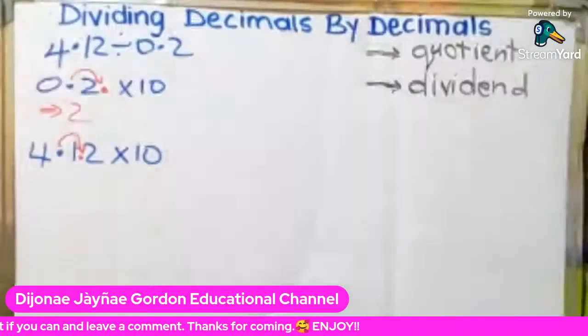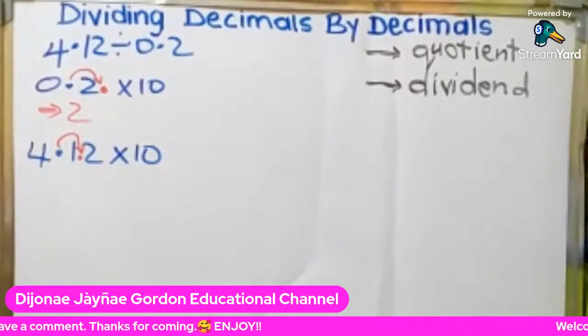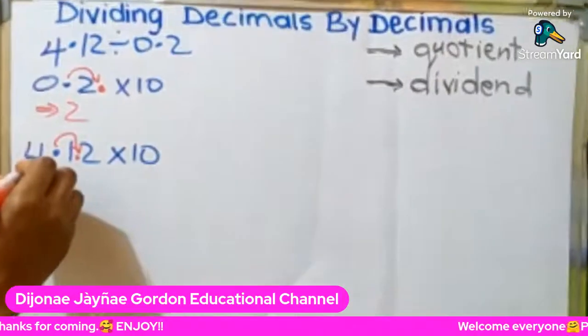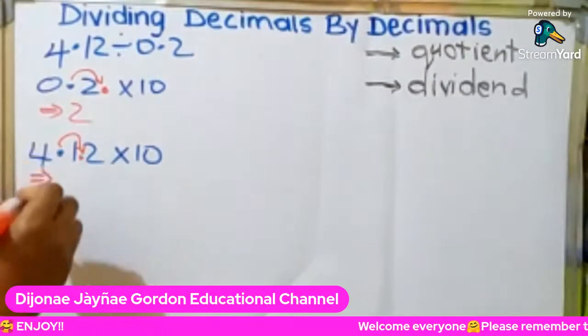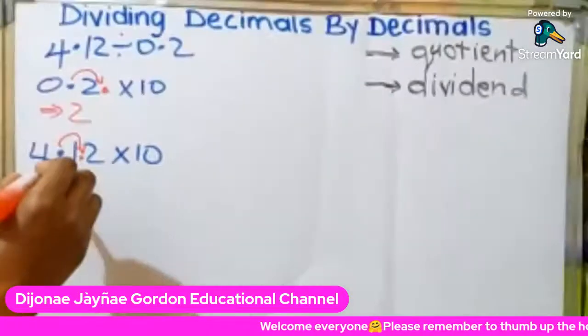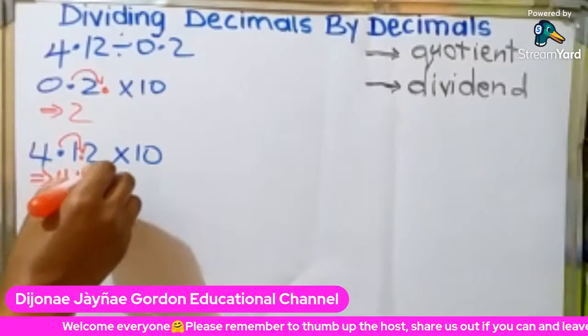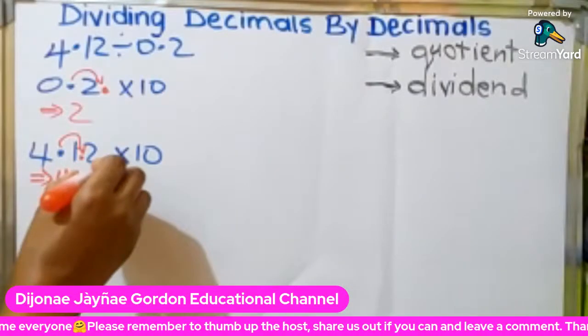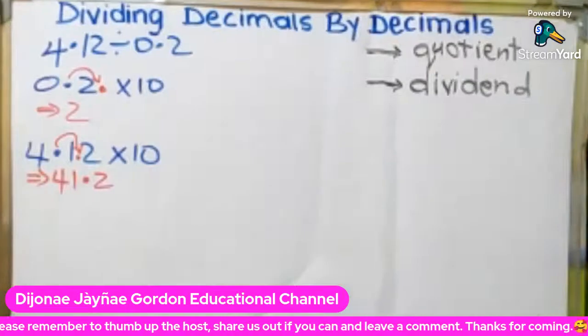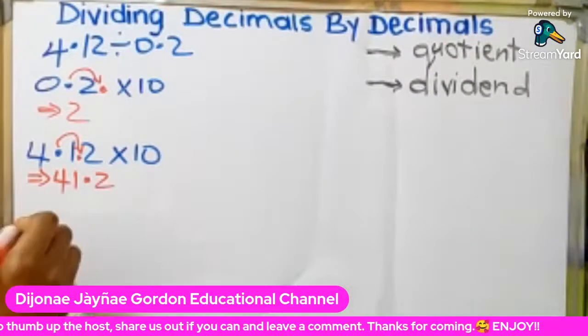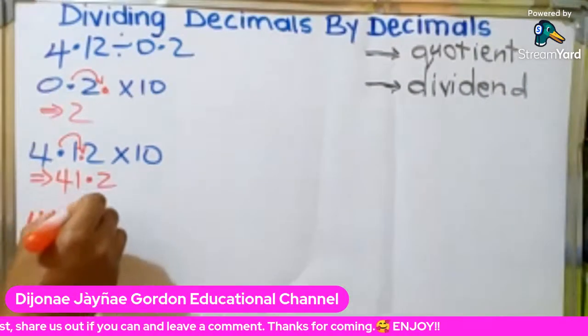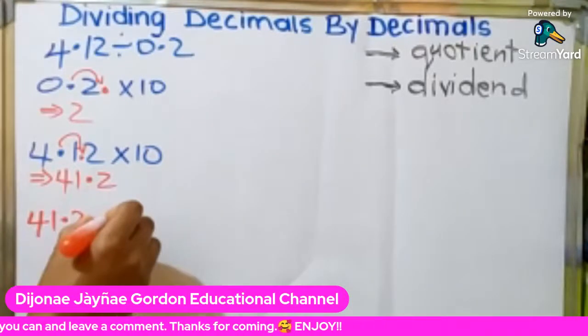And of course, that's where my decimal point will fall. All right. So I'm going to write out our dividend so we know exactly what we have working with. And of course, that is 41.2. That is what we have working with. So let me rewrite it. 41.2 divided by 2. That is what we have working with.